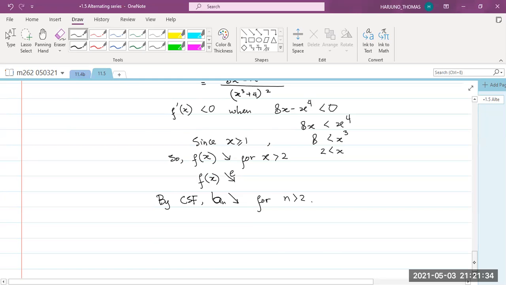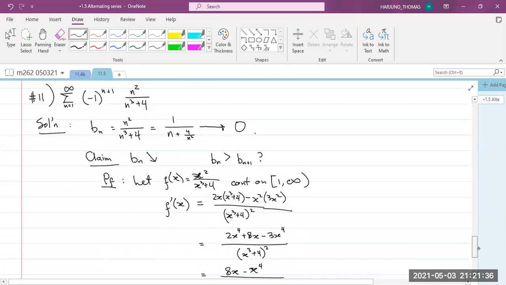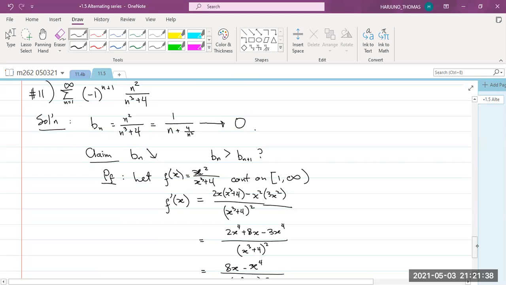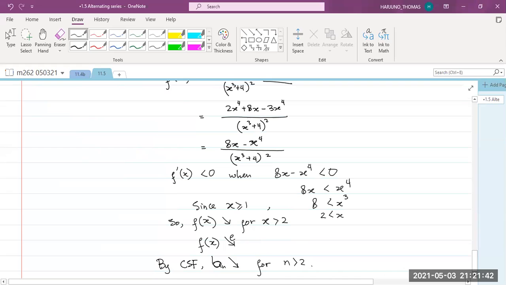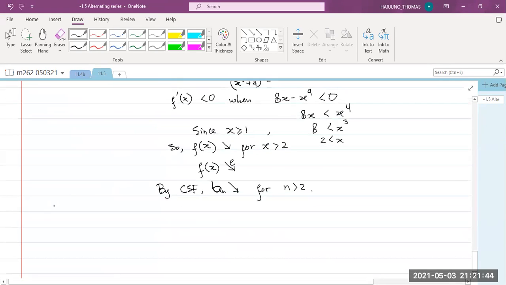Once we show the positive term is decreasing and convergent to 0, by the alternating series test, the series is convergent.